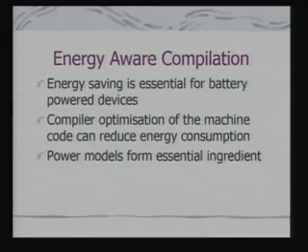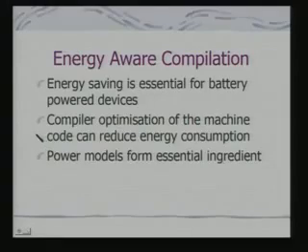First, we shall look at one important issue for optimization, which is typical to embedded systems, that is energy aware compilation. Because energy is always a scarce resource, particularly for battery operated embedded systems, and you are seeing that you are getting a number of appliances which are battery operated, and at the same time providing you with sophisticated functionalities.